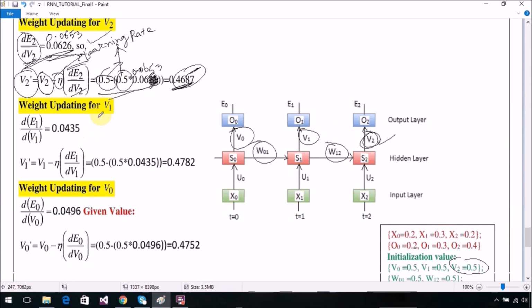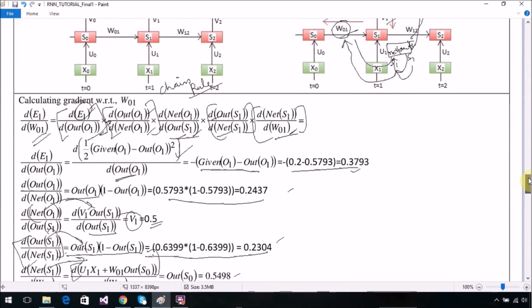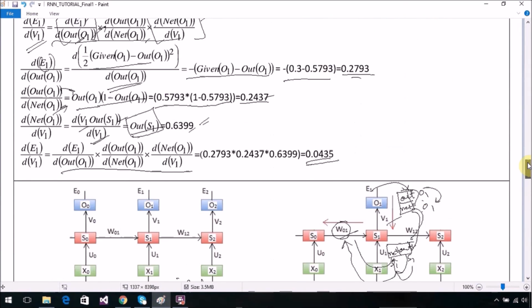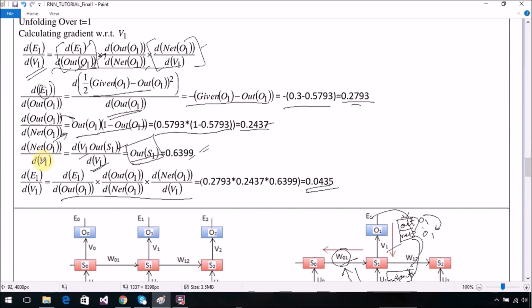Similarly, we can update the weight of V1. We have the gradient score DE1 with respect to V1 that we just calculated, the partial derivation of E1 with respect to V1, which is 0.0435.